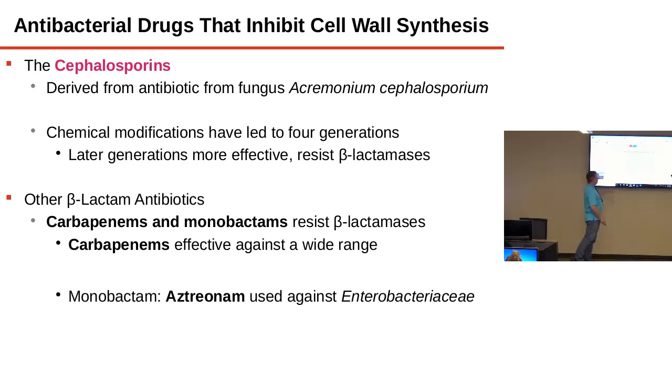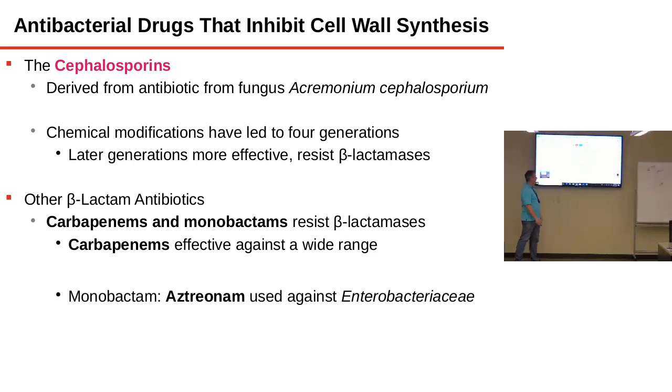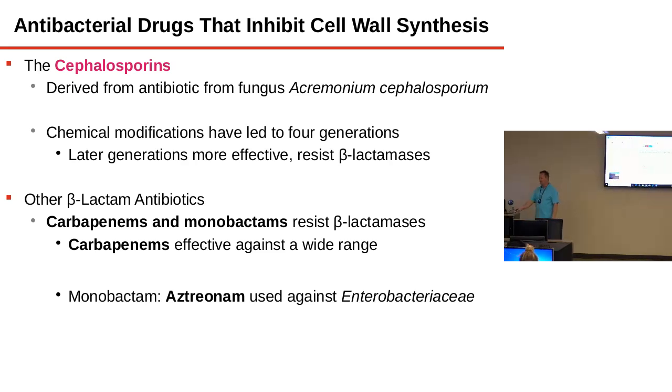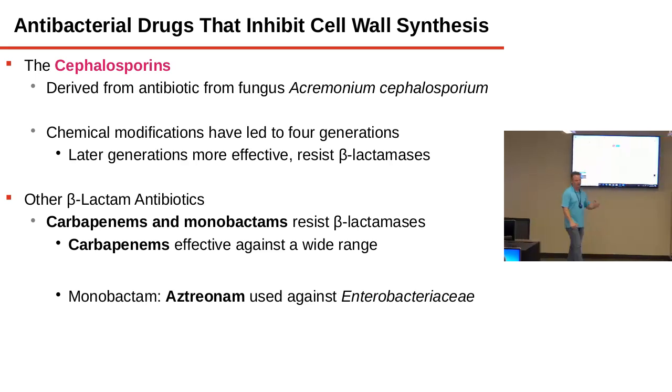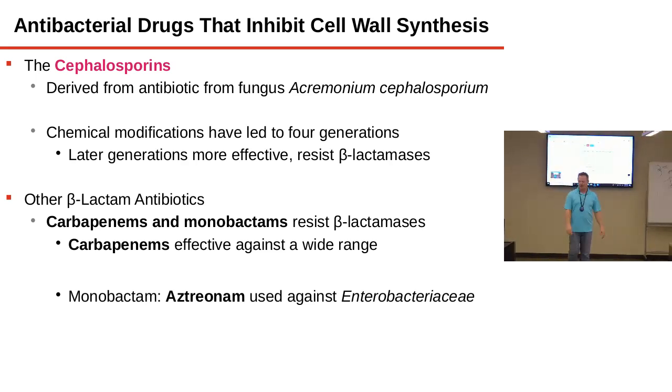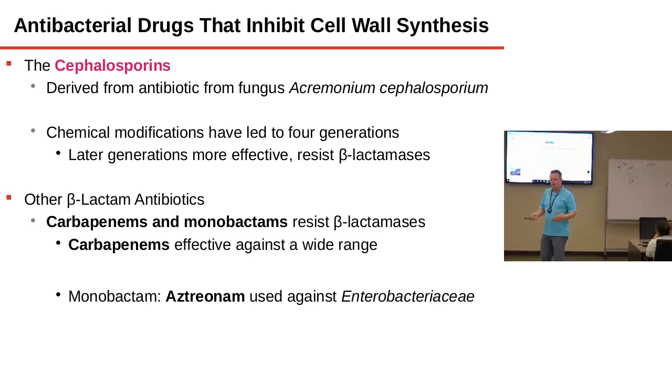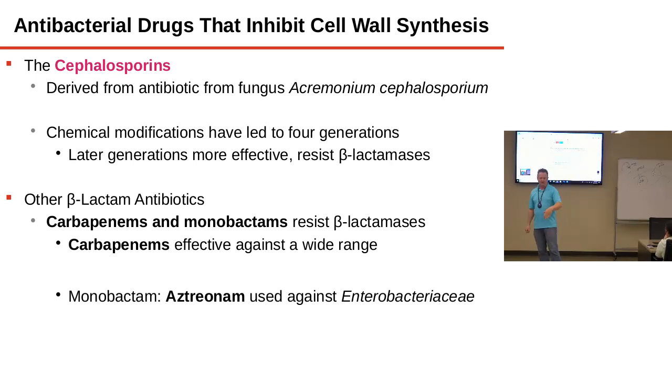Chemical modifications have led to 4 generations. Later generations are more effective, as you would suspect. So first generation drugs, we talk about first, second, third generation. Now we got 4th generation drugs. Why are we talking about those? Well, because we don't want to go straight to a 3rd gen drug if we don't have to. There are going to be certain cases if somebody comes in uber sick, they've been fighting it for 5 days at home, and they're knocking on death's door.